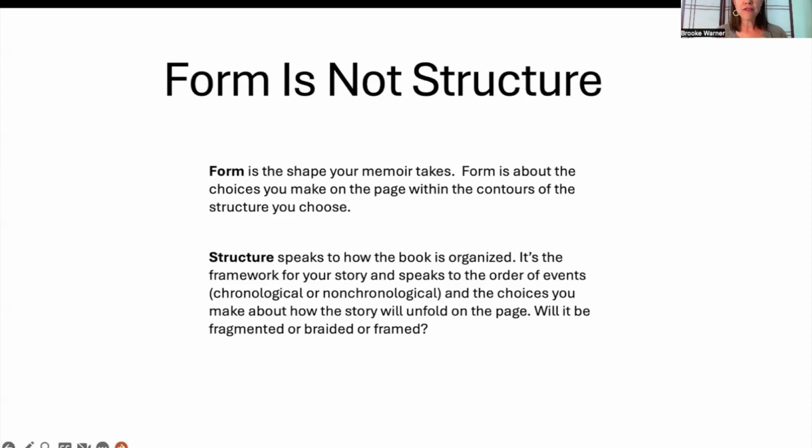So to end, form is not structure. Okay, form is the shape that your memoir takes and the choices that you make on the page, right? And then it, of course, has a connection to structure, because the structure is how the book is organized. And so your form must plug into your structure.